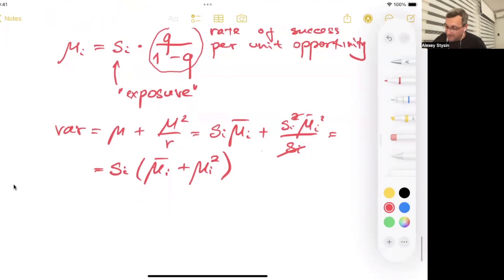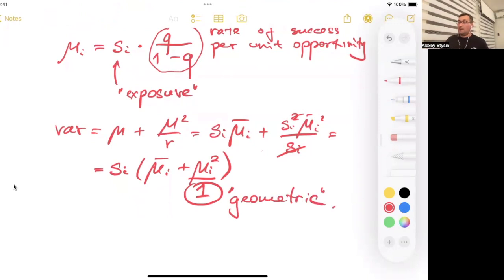And this is why this is like divided over 1. So this is where we have this geometric interpretation of the thing. Essentially what happened here is that we are modeling the number of successes, or the number of positive things, as a geometric distribution with exposure.